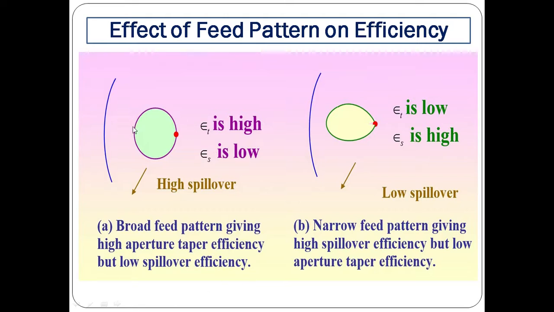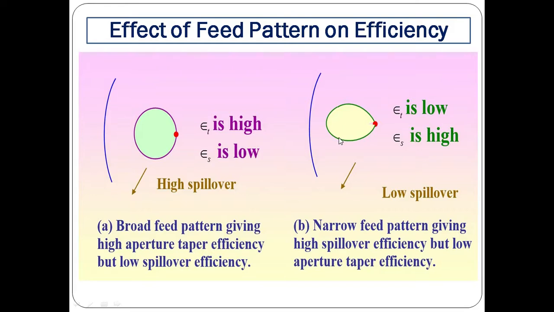When you take a broader pattern, there will be higher spillover. If there is higher spillover, then the spillover efficiency is low. That results in a larger value of epsilon T. The taper efficiency is high when spillover efficiency is low.